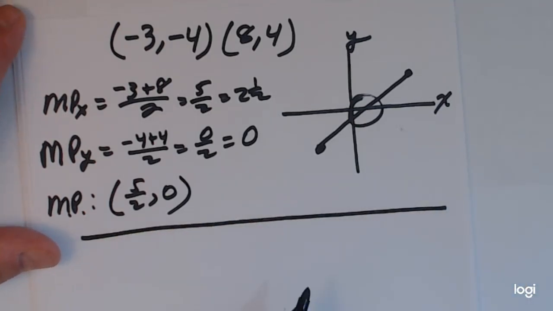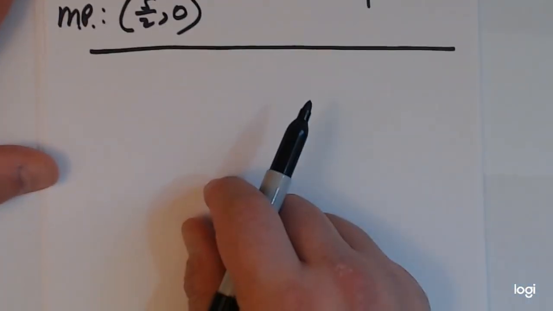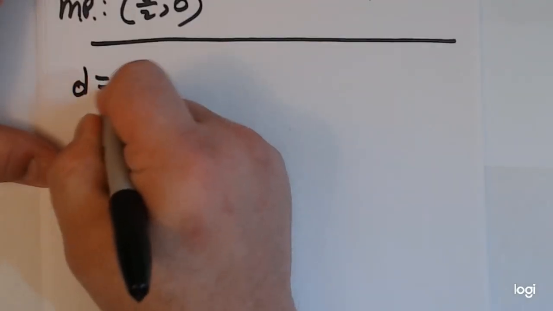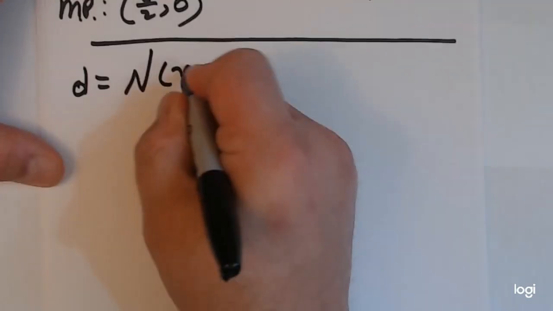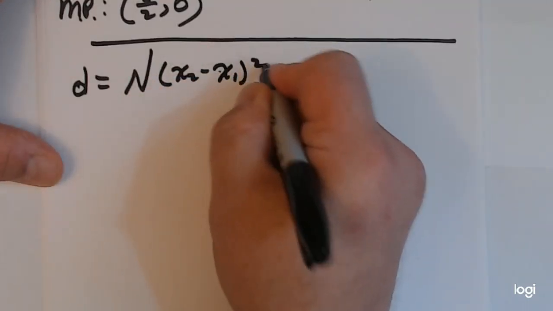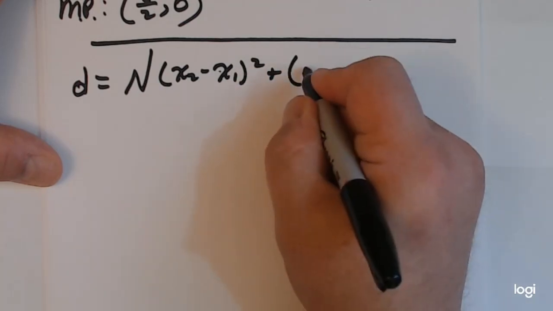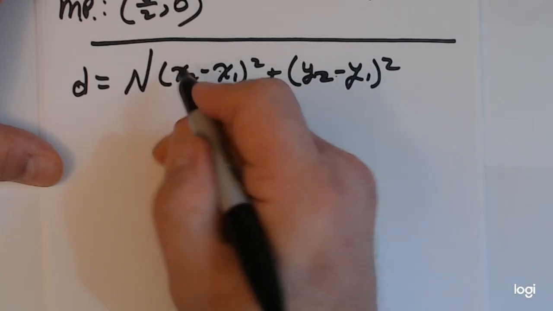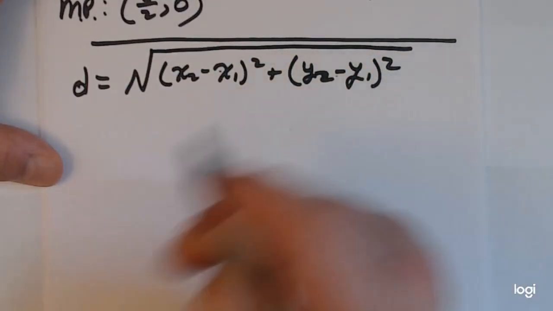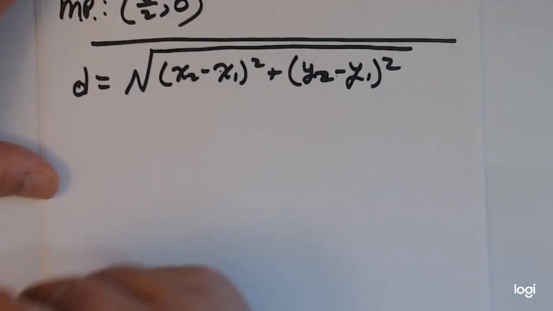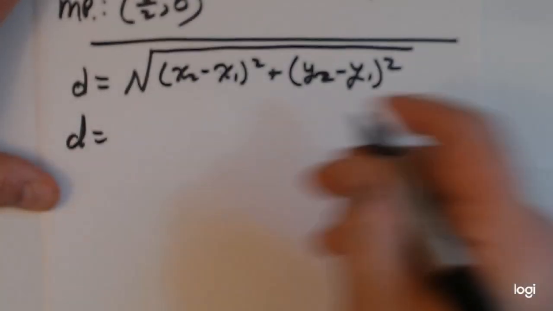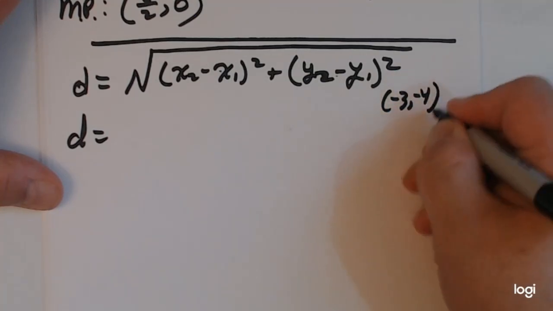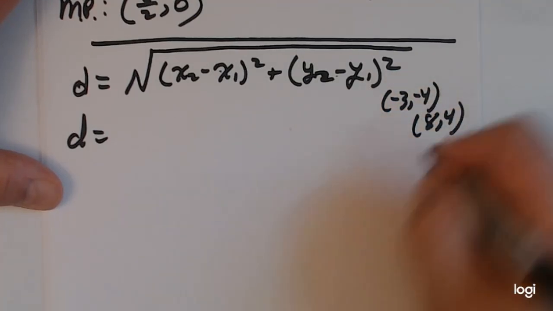Now let's find the distance between these 2 points. We know that d is equal to the square root of x sub 2 minus x sub 1 squared plus y sub 2 minus y sub 1 squared, taking the square root of all that. The points we're working with are -3, -4, and 8, 4.